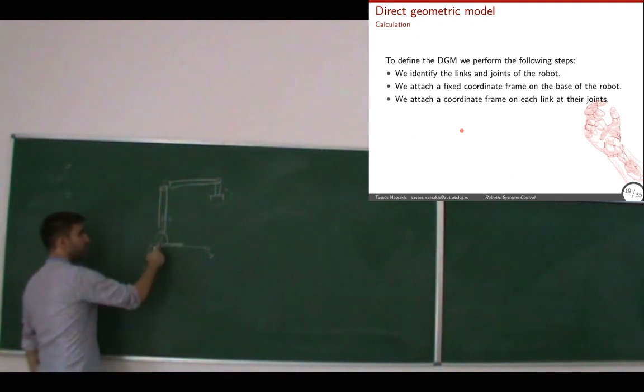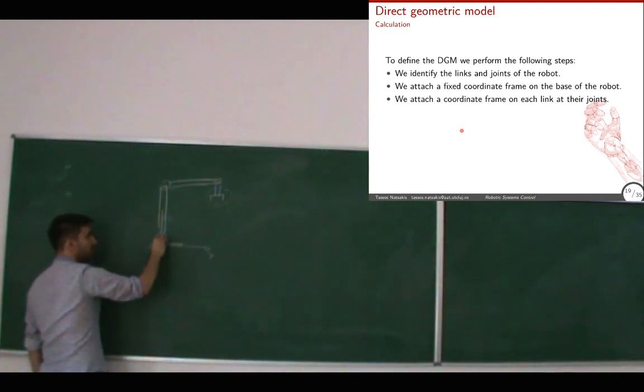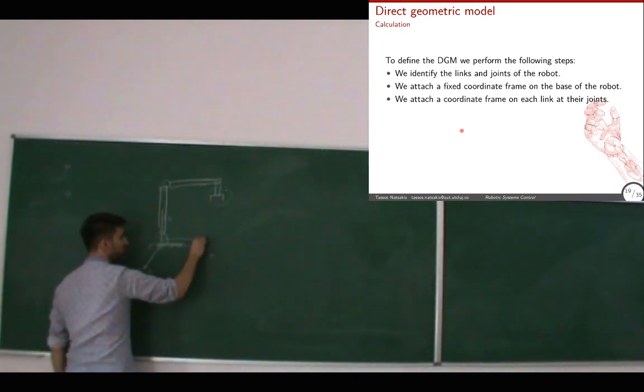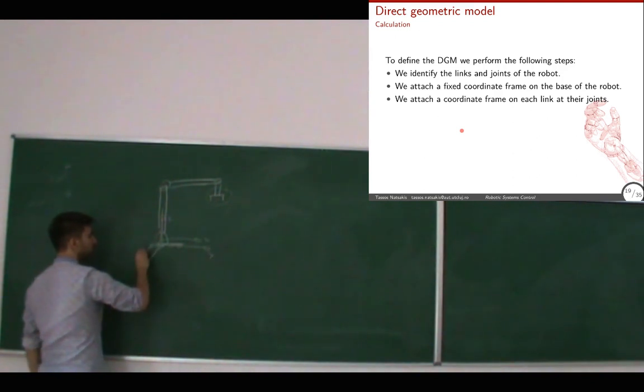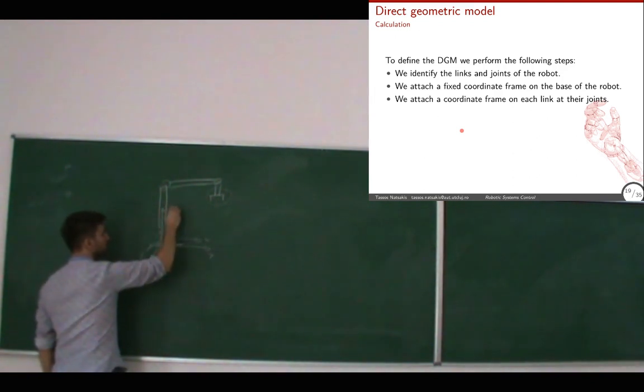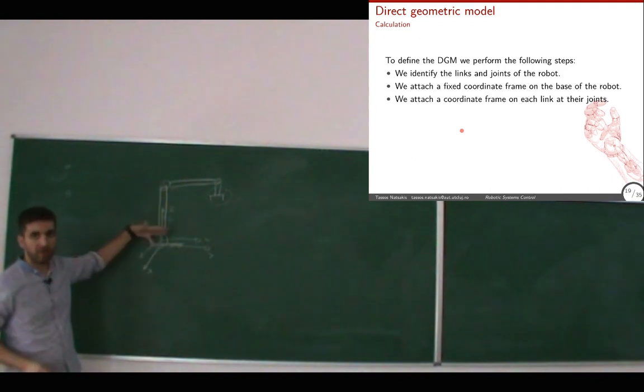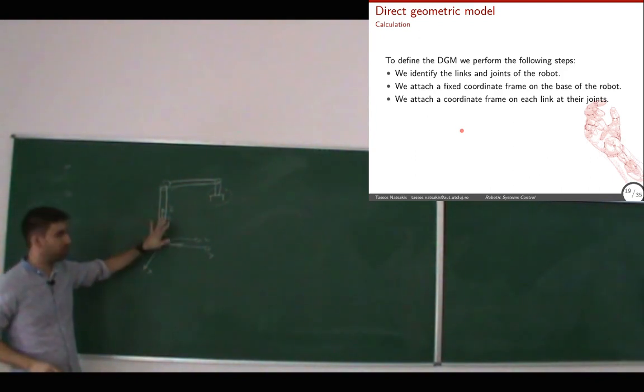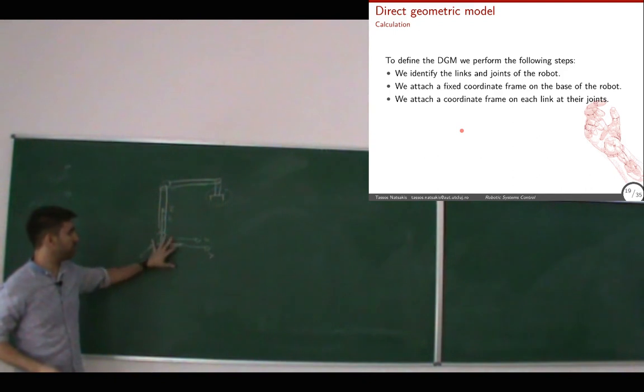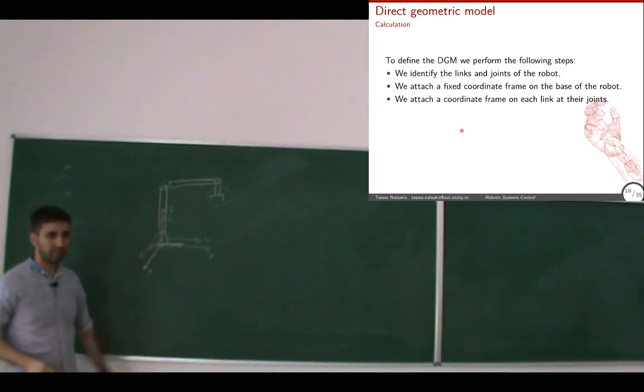So then the first joint is here, the first link is here, and I will attach a coordinate frame at the position of the joint. I can put the coordinate frame however I like, orient it. For now, I will just keep it at the same orientation as this one, let's say. Okay?